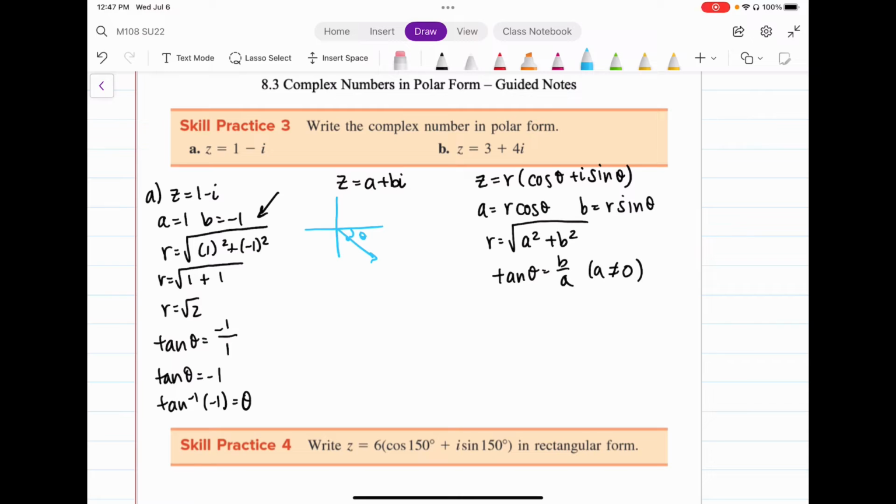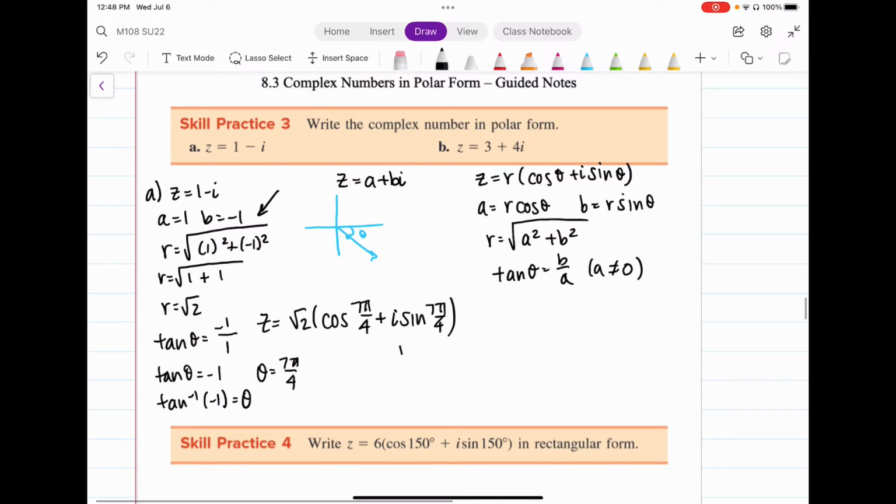And that happens at 7 pi over 4. That is when your x value is positive and your y value is negative, and they're both square root of 2 over 2. Now that we have the r value and the theta value, we can write z equals square root of 2 times the cosine of 7 pi over 4 plus i sine 7 pi over 4.